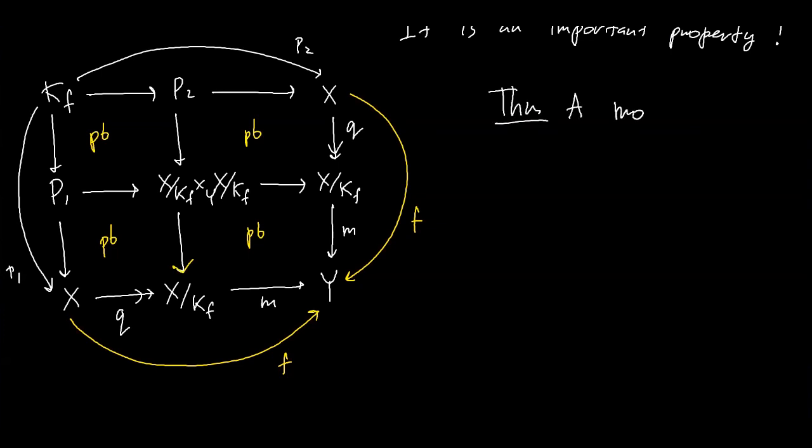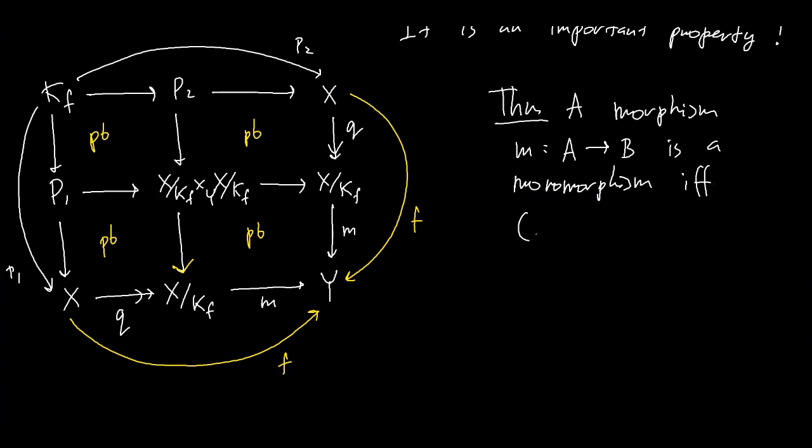A morphism M, let's say from A to B, is a monomorphism if and only if this thing is its kernel congruence.